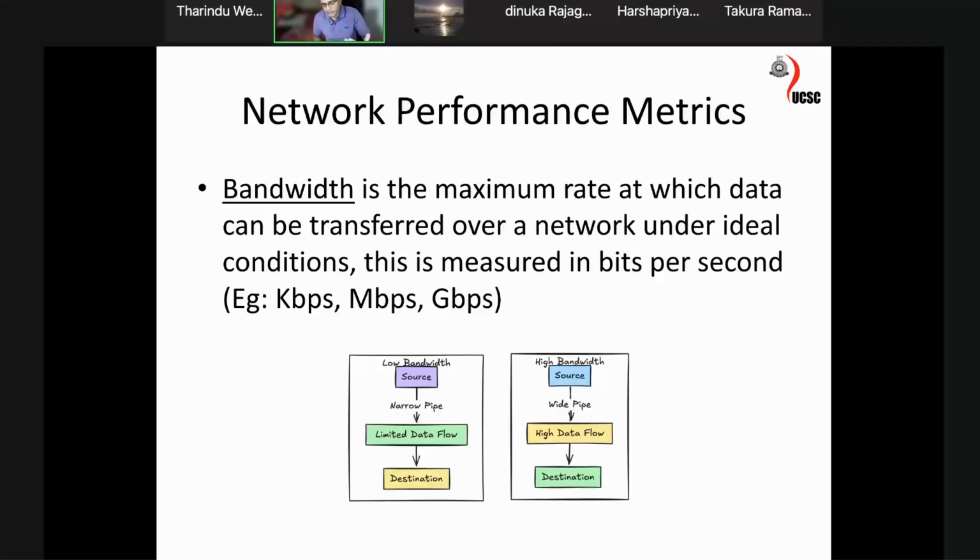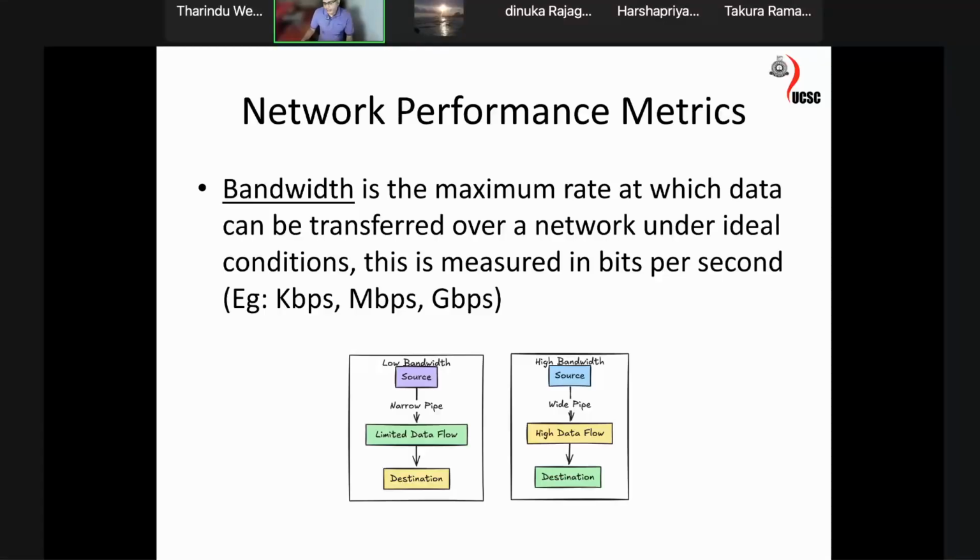So we are measuring bandwidth using bits, the ones and zeros, one by one. If somebody asks what the measurement of bandwidth is, it's bits per second, right?